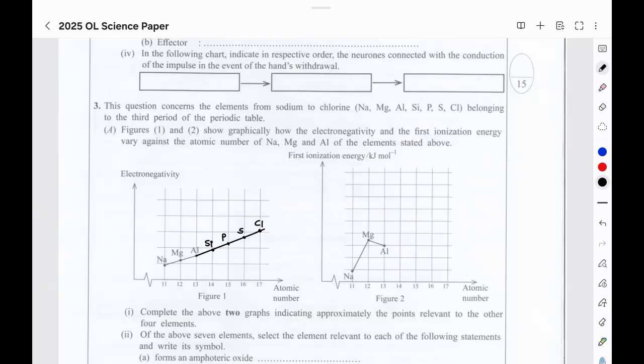If you want the values here, I'll write the values again. If you can remember, phosphorus was 2.1. This is 1.8, 1.5, 1.2. This is 0.9, right? Sulfur 2.5, chlorine 3.5. Yes, it is important to remember the values in the Pauling scale. Please remember them, okay?